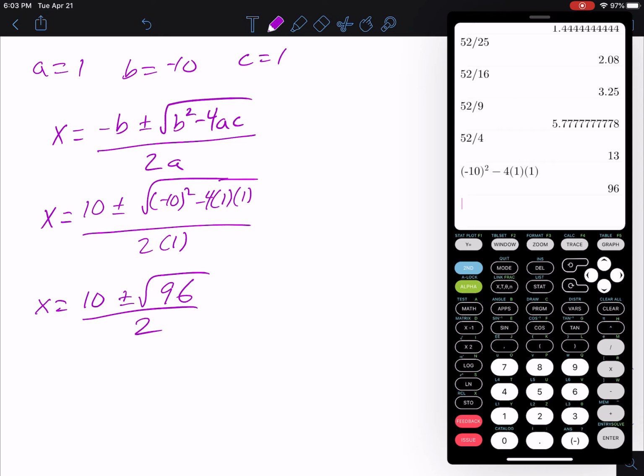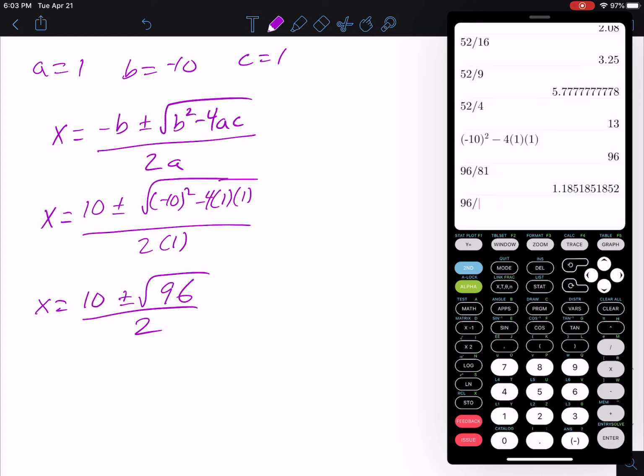So in order to simplify the radical 96, what we need to do is the following. We're going to start with 96 divided by, well, divided by what? If you think about perfect squares, 100 is pretty close to 96, but it's bigger. So we need the perfect square less than 100, and that's 81. That doesn't work.